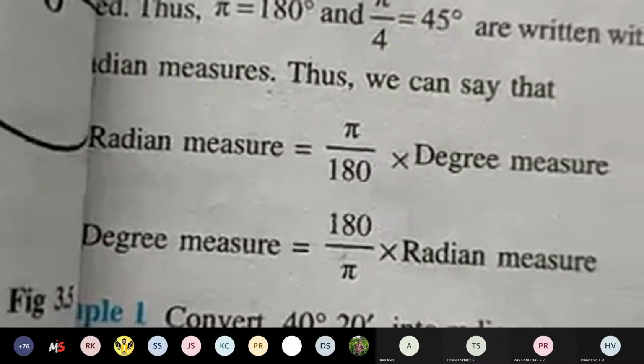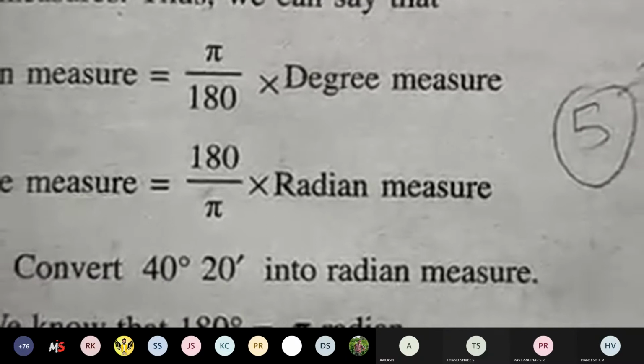So 180 into 6, what can you write? 1080.